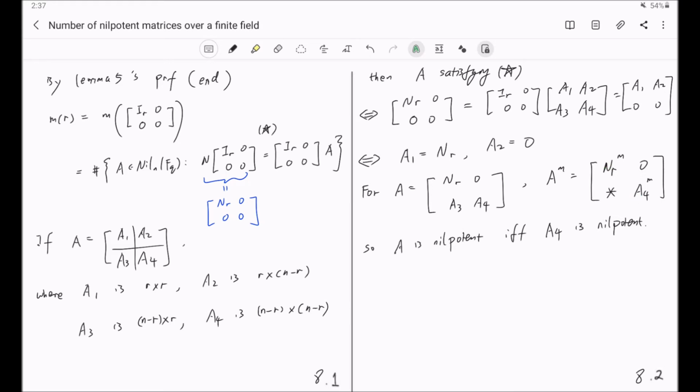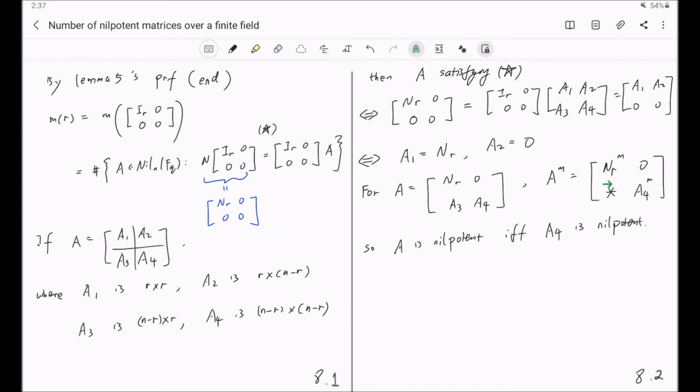So NR and A4 will both be nilpotent, and as a result, after you take certain powers, this block and this block will both vanish. All that is left over is this star block.